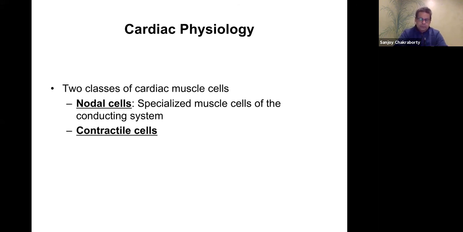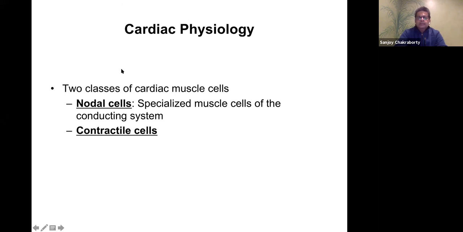So they can work on their own, which is why it is known as autorhythmicity. I mean, automatically they can produce a rhythm of cardiac contraction and relaxation. The cardiac muscle cells have two populations of cells. The smaller population we call nodal cells.